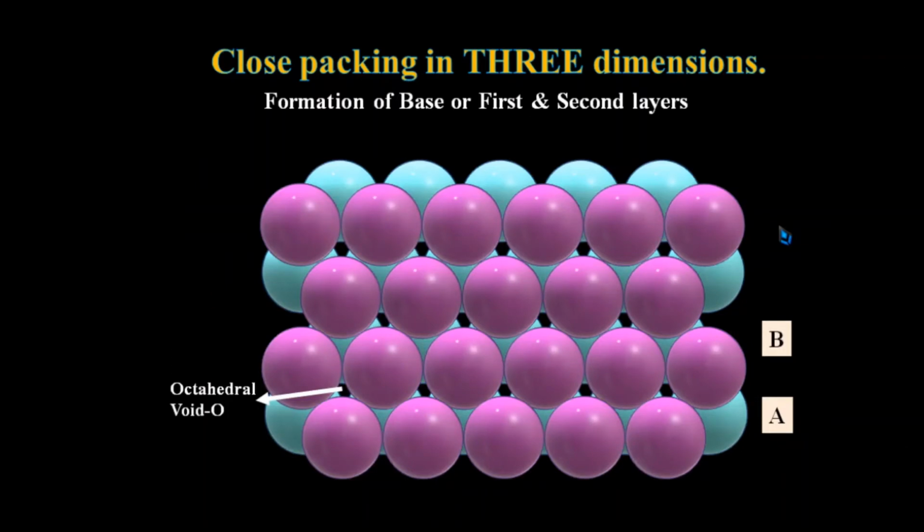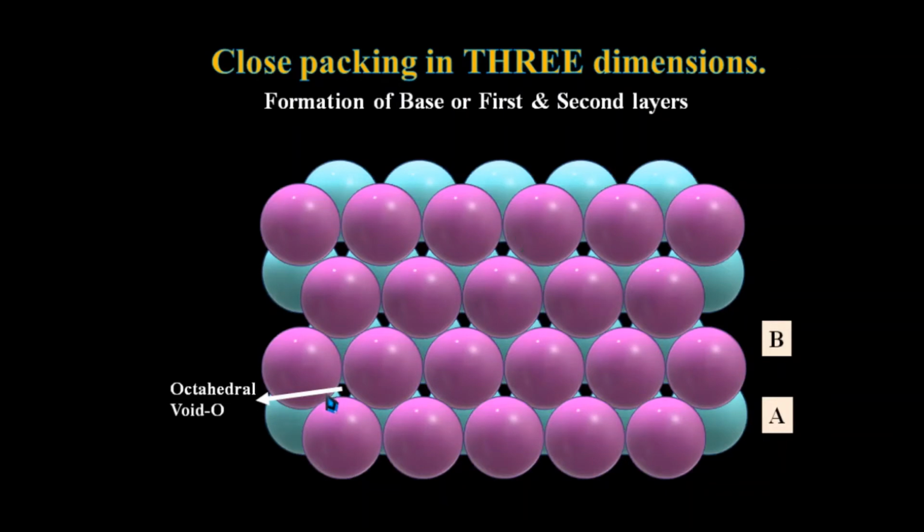The balls which are placed on the upward triangular voids form the tetrahedral void, and here is a double triangular void, which is formed due to the combination of six spheres, three from the base layer and three from the upper layer.